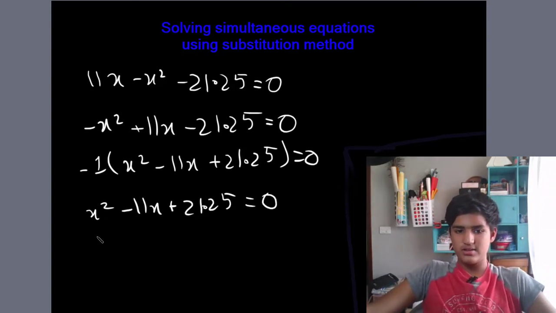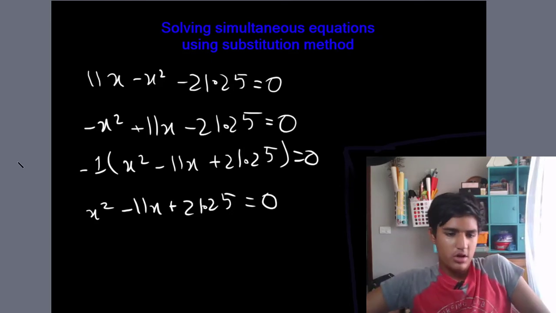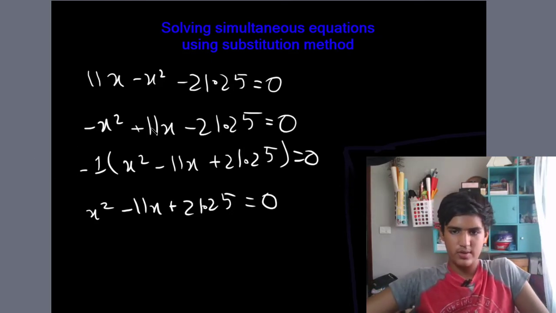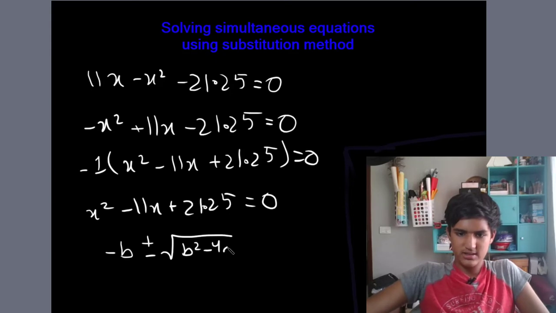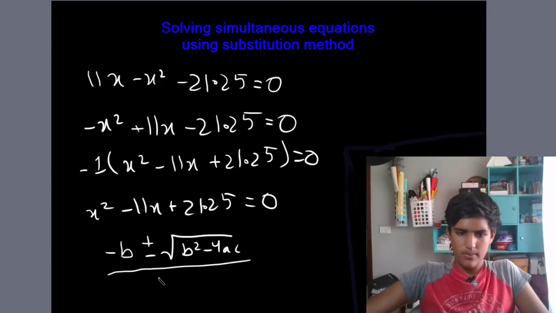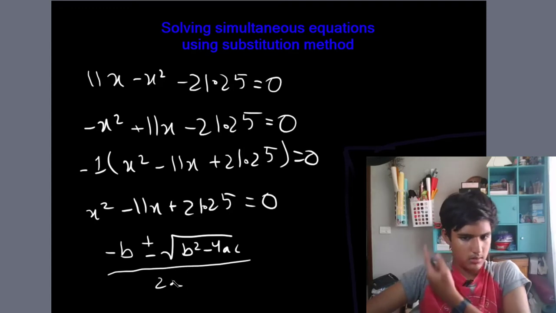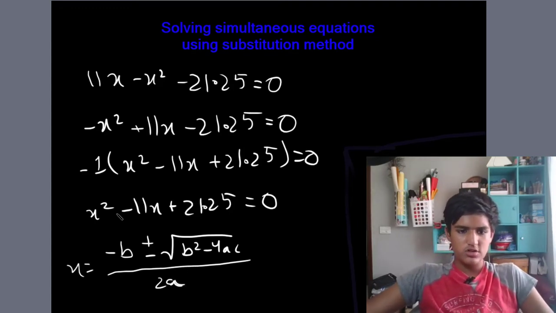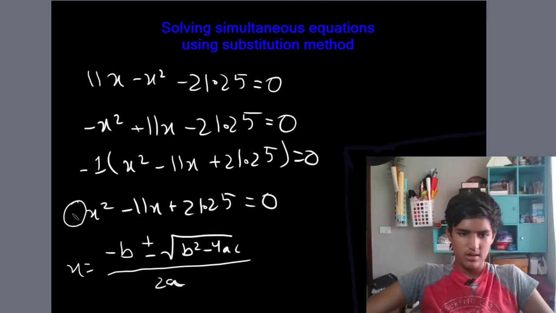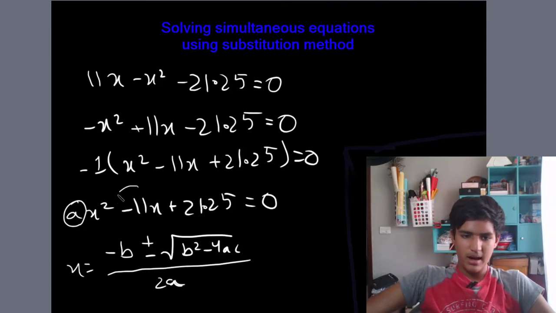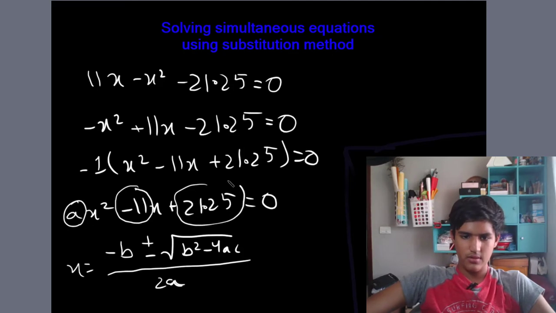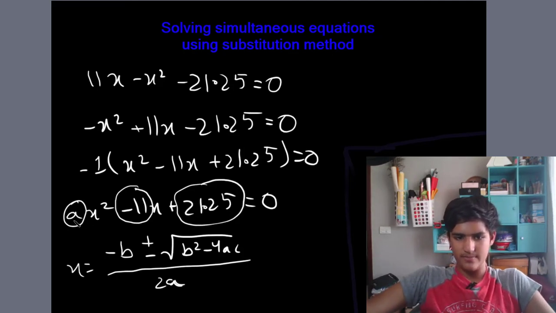Now we can't factorize this because it's in decimal. So what we'll have to do is use the quadratic formula, which is minus b plus minus under root b square minus 4ac upon whole 2a. The coefficient of x square is a, minus 11 is represented by b, and 21.25 will go into the place of c.